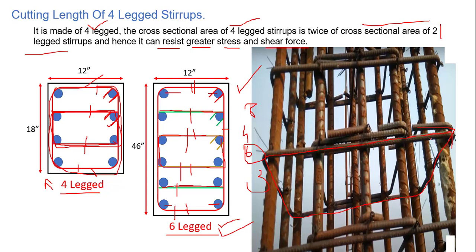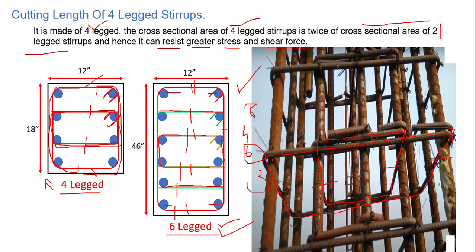So this is basically the master stirrup. And we have another one that goes in this direction, then toward this direction, again in this direction, then in this direction, then here. So this is 1 leg, 2 leg, 3 leg, 4 leg.